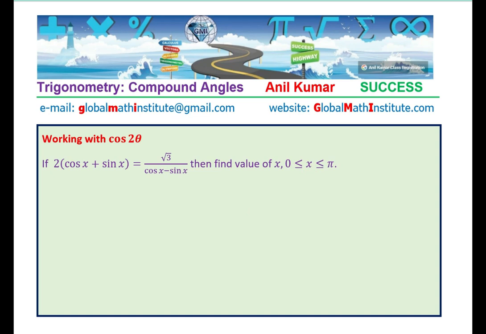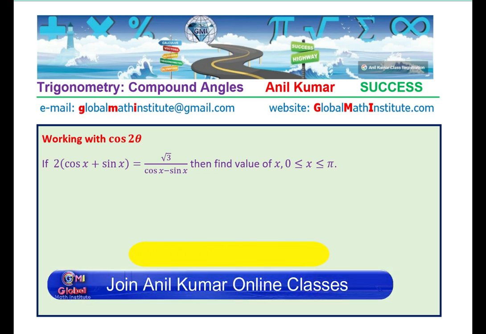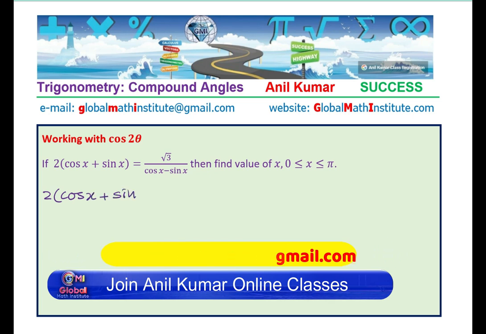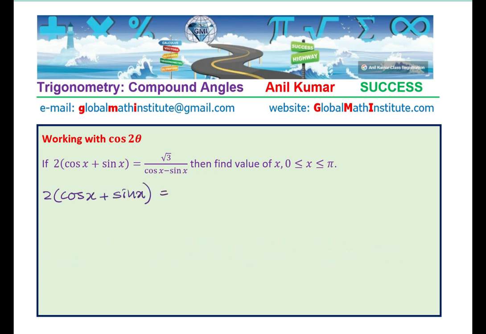We have a question here: if 2 times cos x plus sin x equals square root 3 over cos x minus sin x, then find the value of x where x is between 0 and pi. So we are given 2 times cos x plus sin x equals square root 3 over cos x minus sin x.